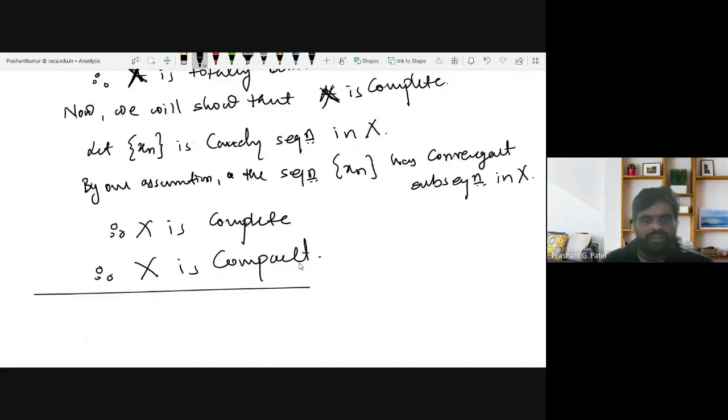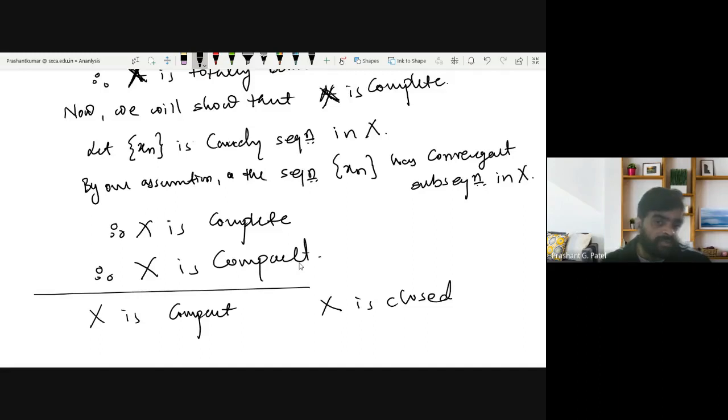Now the next result. Can we have any relation with compactness? That means if X is compact and X is closed, can we state some result like completeness? Under a complete metric space, any subspace is closed if and only if it is complete.